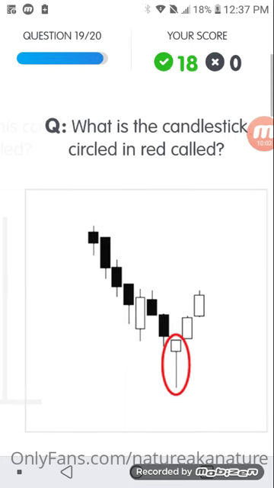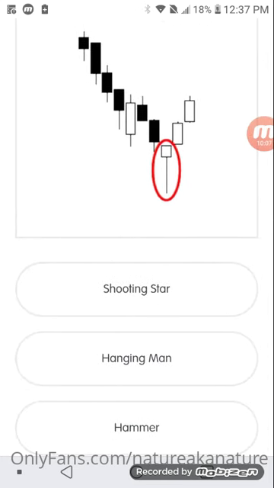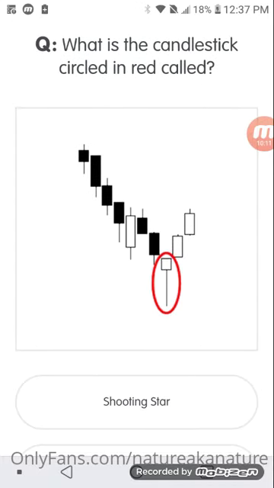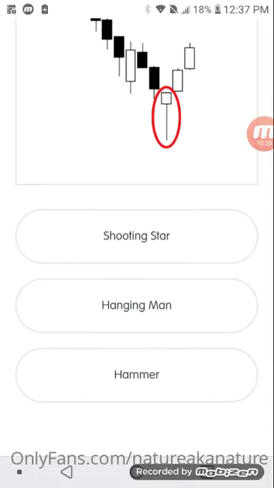What is this candlestick called? You guys know this one by now. You should. It's called a hammer. It's found during a downtrend. It's a bullish reversal pattern, meaning that price wants to head back up. It's called a hammer because it's hammering out at the bottom, meaning that sellers couldn't push price any further, and it wound up hammering out at the bottom and pushing price back up.